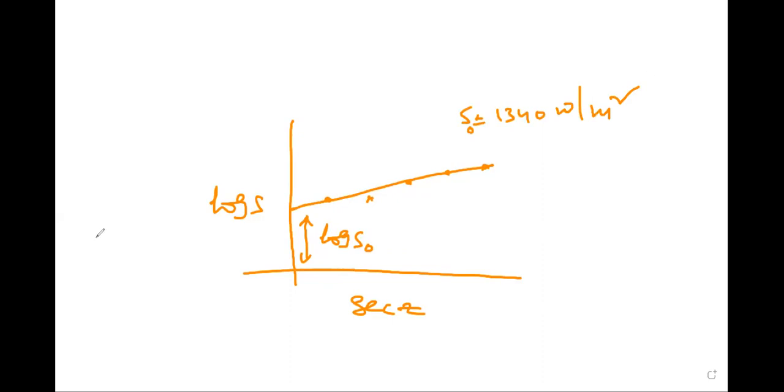Substituting this value in the above equation, you can calculate the solar constant. That is the experimental arrangement and working of Angstrom's pyrheliometer. Okay, thank you students.